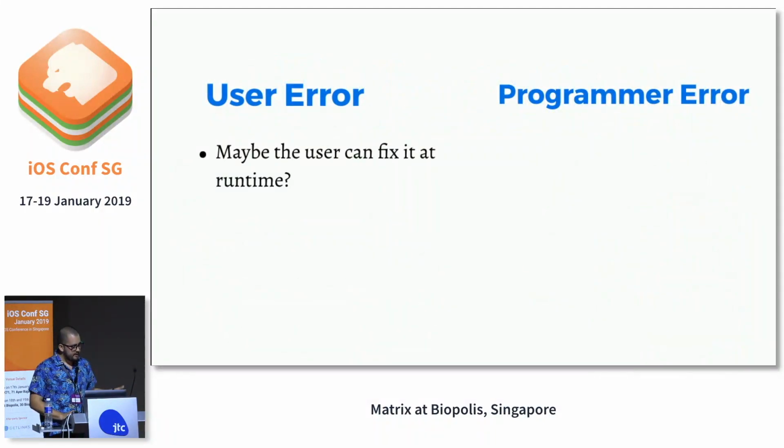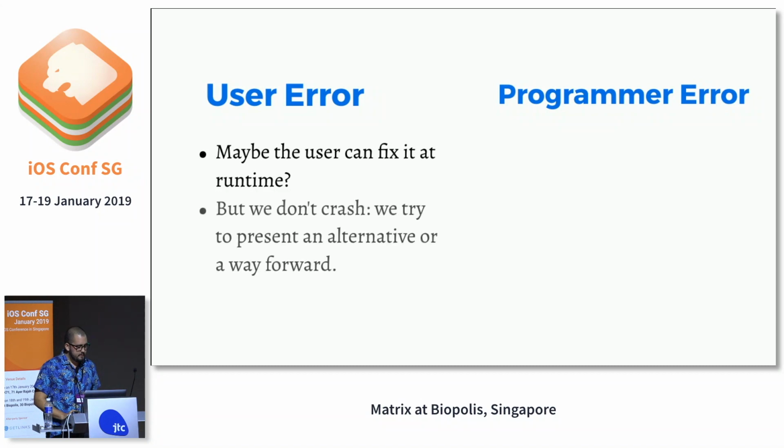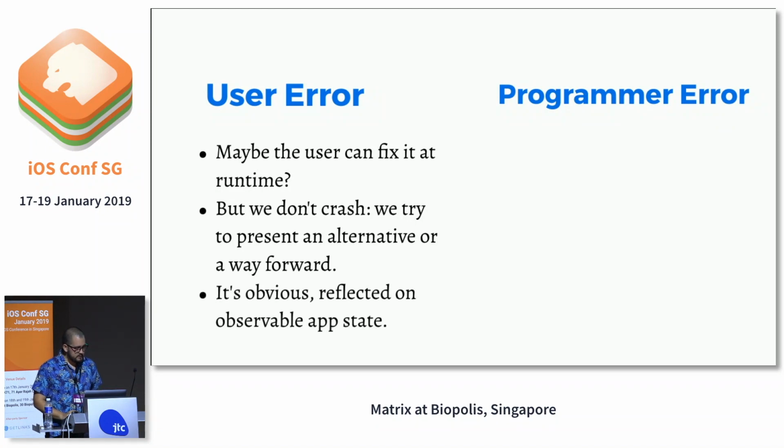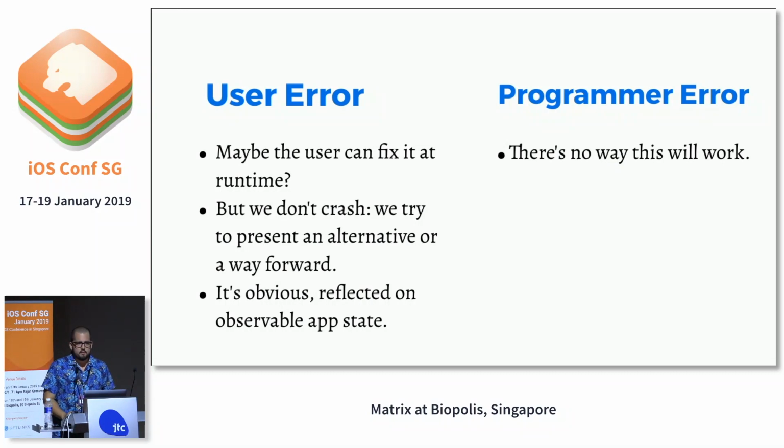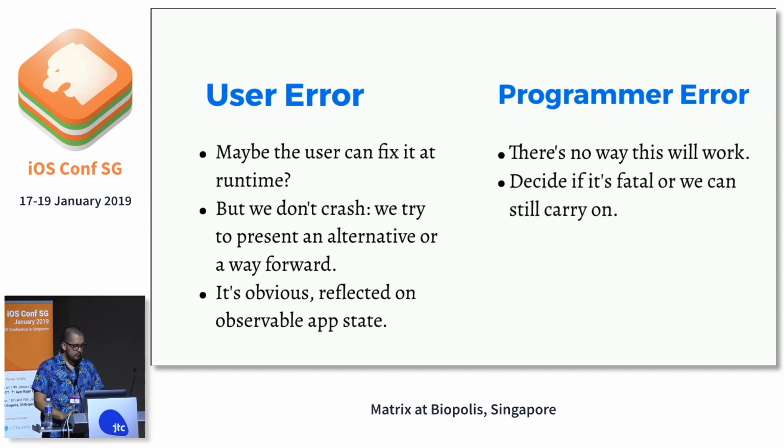With the user error, maybe the user can fix it at runtime, so we offer that option to them. But we don't crash. We try to present an alternative or move forward. And it's obvious. User errors need to be obvious and need to be reflected in the app state observable by the user. A programmer error happens when there's no way something will work, so we need to communicate that to the programmer. And we need to decide if it's fatal or if we can still carry on.